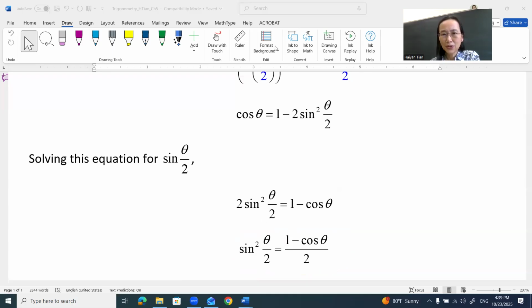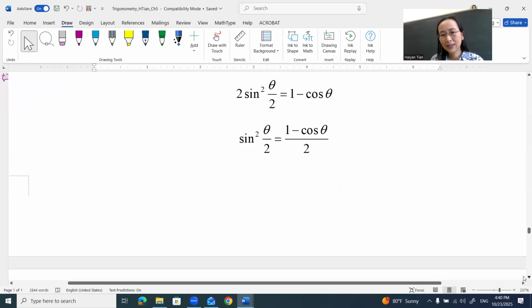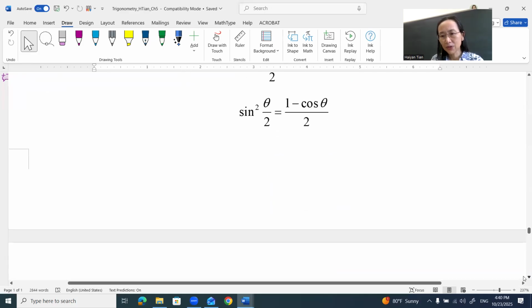But we still want to take a square root, because this is a sine square. So we want to take a square root to get a sine value of half of theta. After you take a square root, you can get either positive or negative square root.